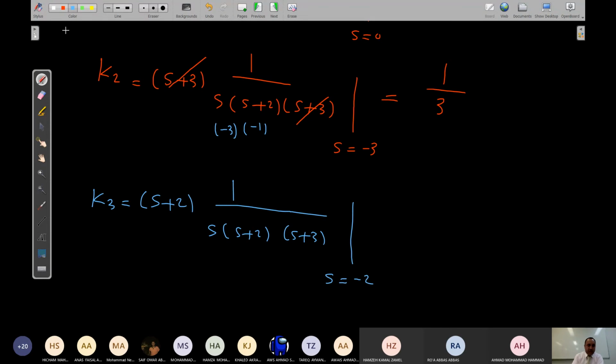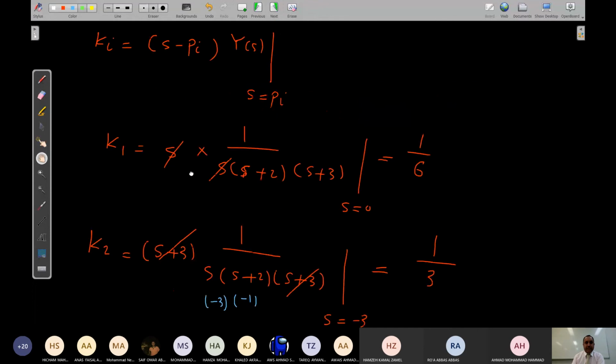So according to the Pacman theory, this one will eat this one, and I will end up with what? Minus 1 over 2. Why? Here is minus 2, and here the resultant is 1. So it's minus 2.